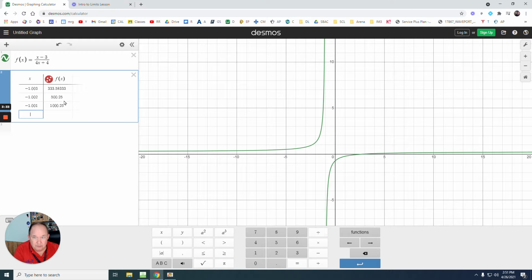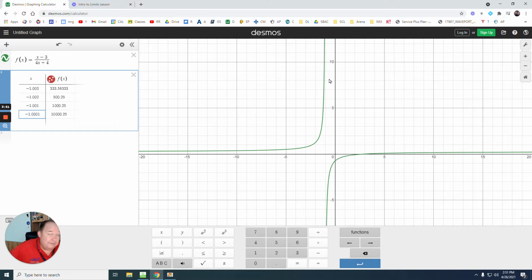This is not approaching an answer. It's getting larger and larger and larger. If I put in numbers that are close to negative 1, I just want you to notice that this answer is getting closer and closer to infinity.